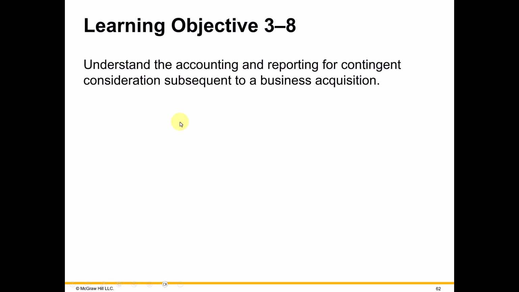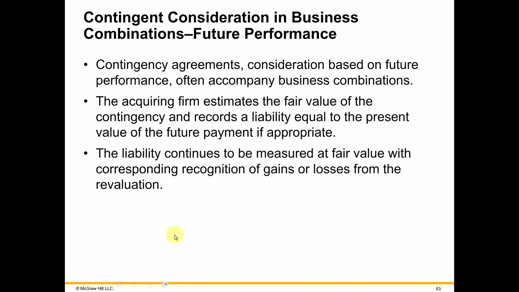Maybe you didn't pay the money up front. Maybe you didn't issue the parent stock up front in exchange for acquiring the sub. And if you are going to be paying off the old owners of the sub within a year, then this section probably doesn't apply to you.